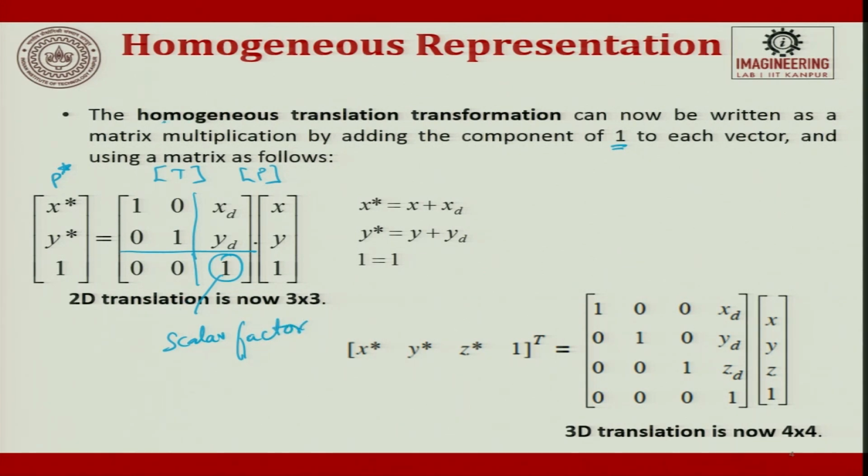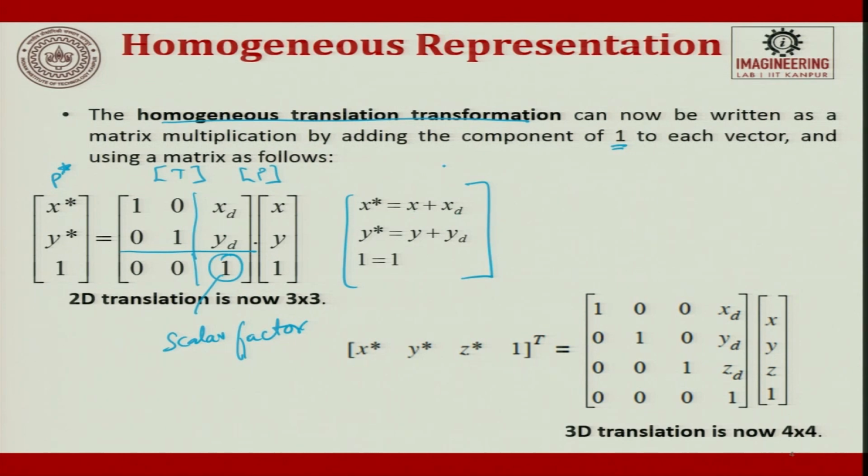Okay. So, the homogeneous translation matrix, which was 2 cross 2, is now expressed as 3 cross 3, and we try to get the homogeneous translation matrix like this. If you try to solve it, you get this final form: x star is nothing but x plus dx, y star is nothing but y plus dy, and 1 is equal to 1.